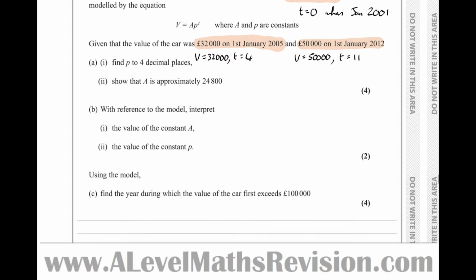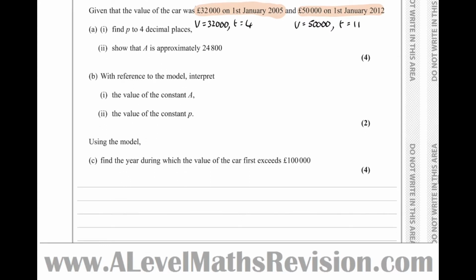Okay, so the question then asks us to find P to 4 decimal places. So let's do it. So we've got the model, which is V equals A times P to the power of T. And the first thing we're going to do is let T equal 4 and V equal 32,000 as per the information we gained from the question.